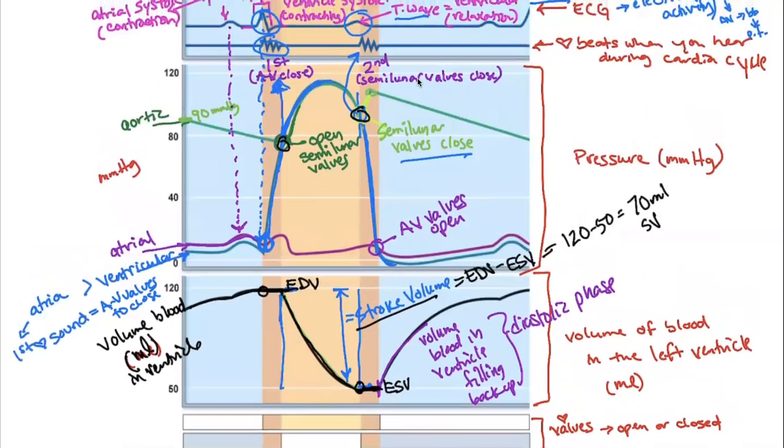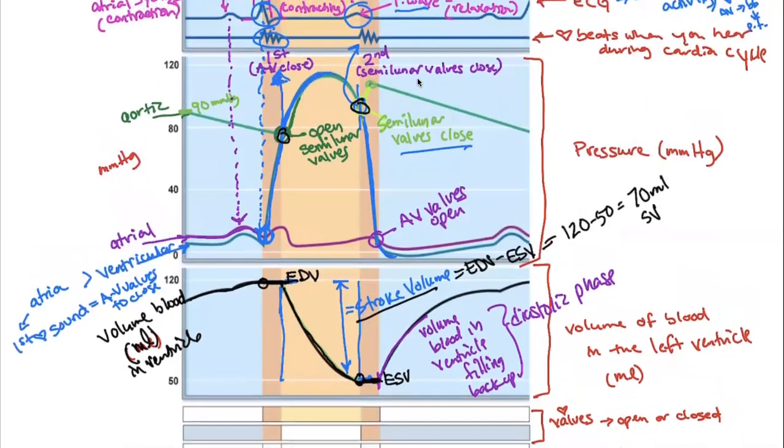So a couple of things to note is that you might notice that right here is where AV valves close. And there's where semilunars open. Here's where semilunars close, and here's where AV valves open. Now there's this dark shaded area here, strips showing it. And if you look here, you go all the way up.